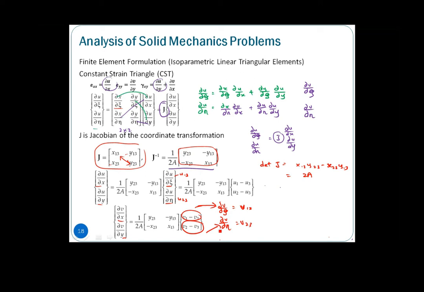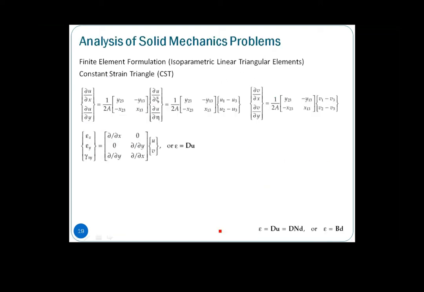All right, so combining them and expanding them in the form of epsilon x, epsilon y and gamma xy, we have del u del x, del v del y, and del u del y plus del v del x.